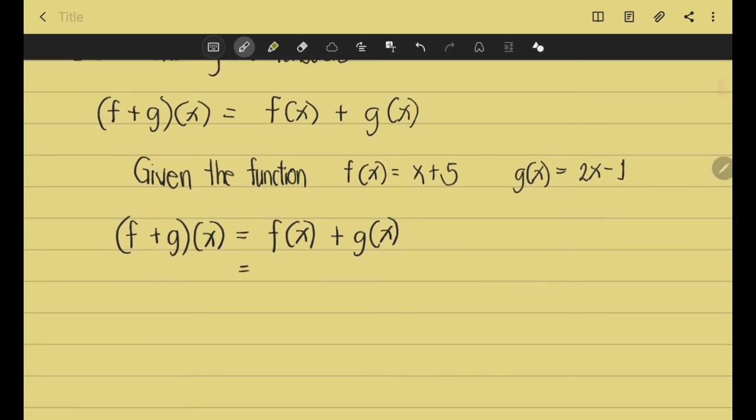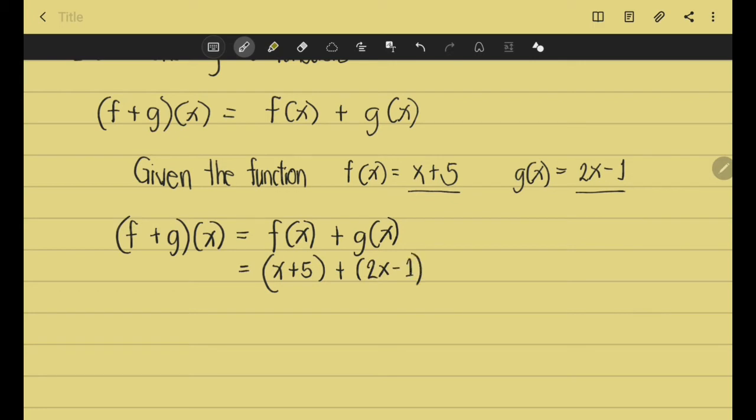We have x plus 5 as our f of x. So therefore, we have x plus 5 plus the value of g of x is 2x minus 1. So let us substitute 2x minus 1 to g of x.